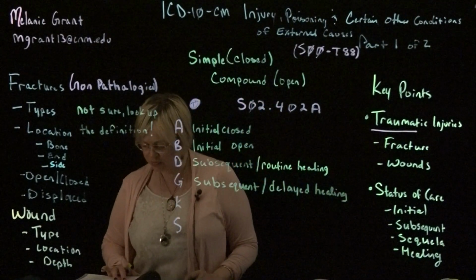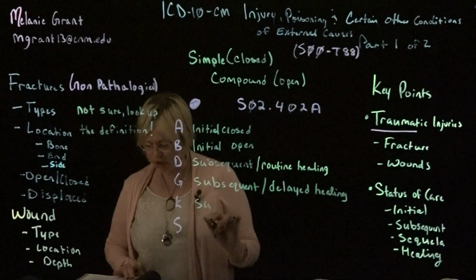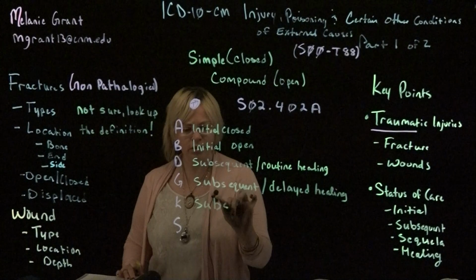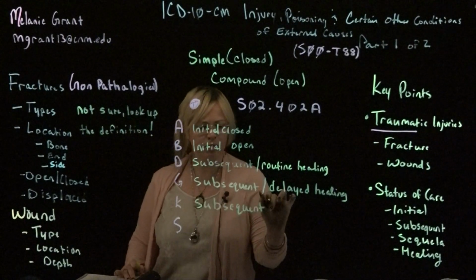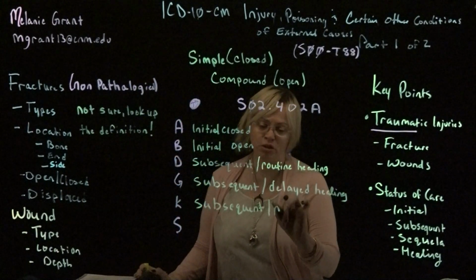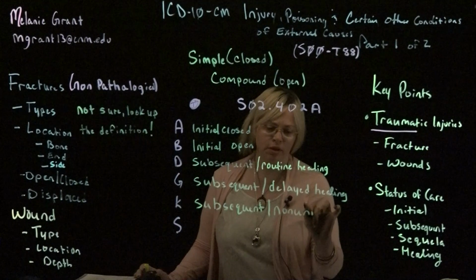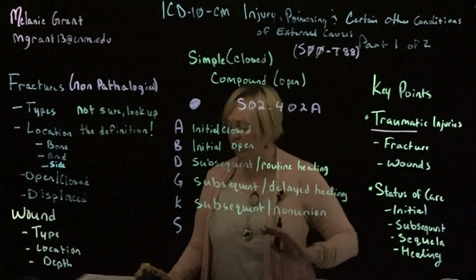Our K, though, is also a subsequent. This one's a little bit worse. This is a non-union, meaning that it's beyond delayed healing, but the bones themselves are not fusing the way that they are supposed to. And so sometimes additional intervention is required here.